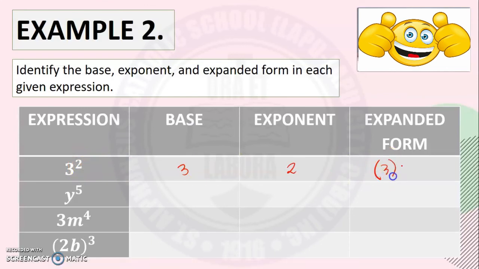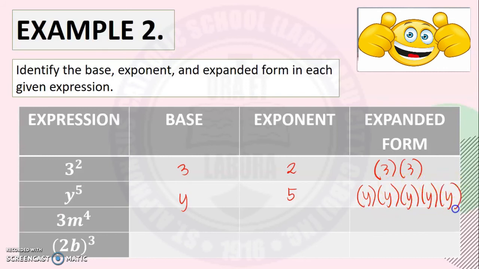So this will be 3 times 3. Next, y exponent 5. The base is y, the exponent is 5, and this means we have 5 y's. So that means y times y times y times y times y.